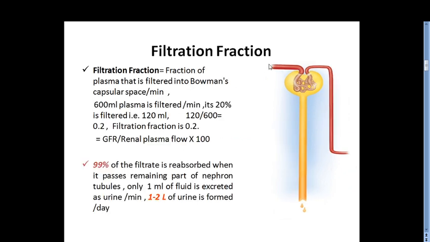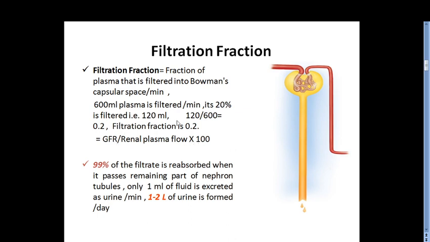So one thing is the filtration fraction. What is filtration fraction? As I earlier discussed, suppose if 600 ml plasma is there, its 20% only gets filtered, that is 120 ml. So the filtration fraction is the fraction of plasma that is filtered into the Bowman's capsular space per minute, and it is calculated as GFR upon renal plasma flow into 100.